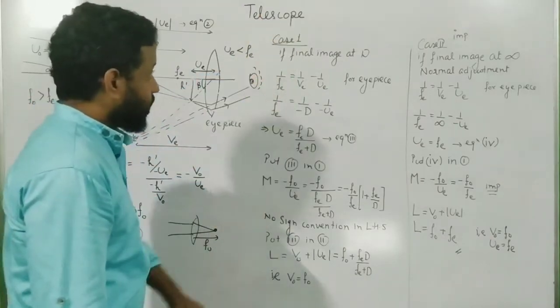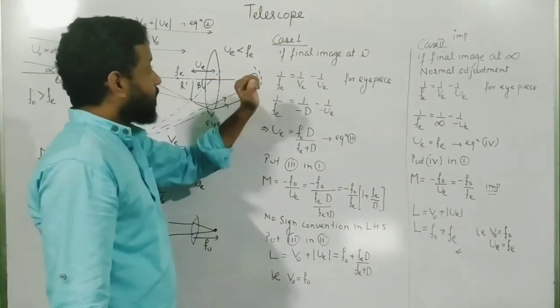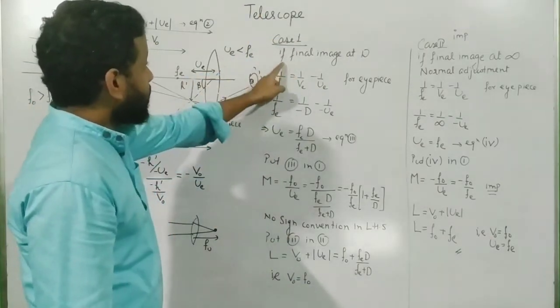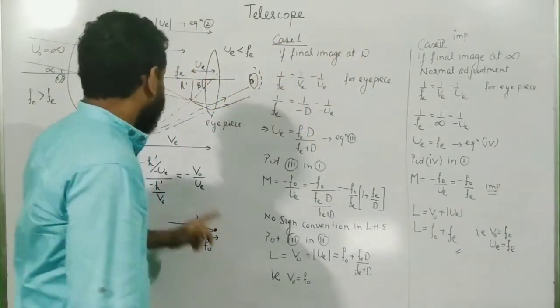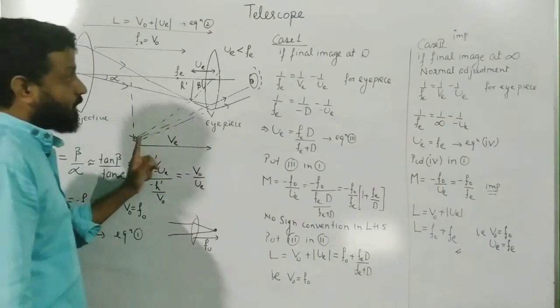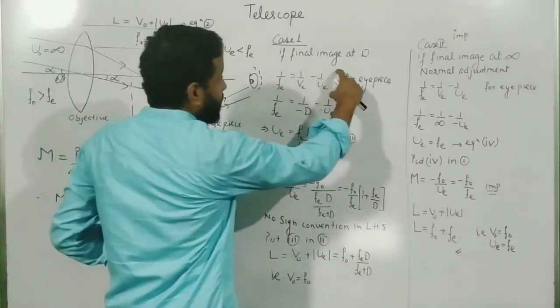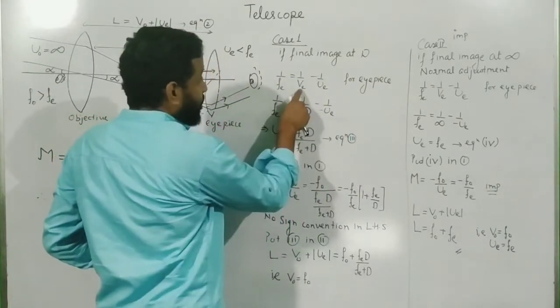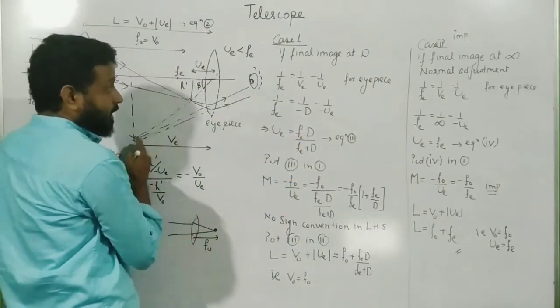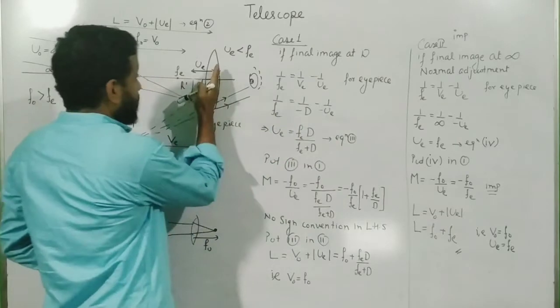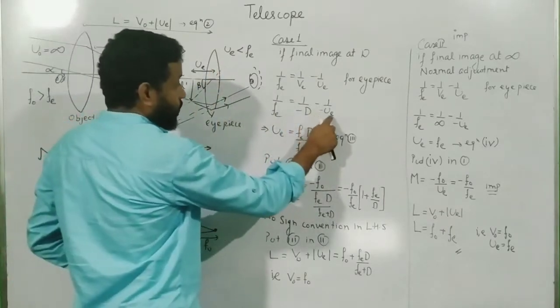Now let us go to case 1. What happens if the final image is at D? That means my VE becomes equal to D. So for the eyepiece, I write 1 by FE, with VE as minus D because it is on this side. The final image is at D, and UE is negative because UE is also on this side, so minus UE.